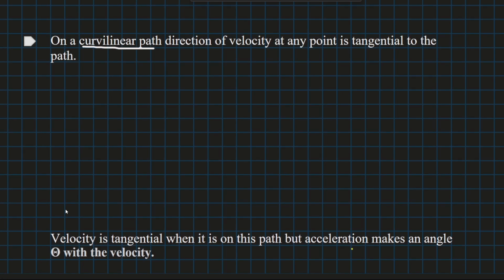On a curvilinear path, the direction of velocity at any point is tangential to that of path.